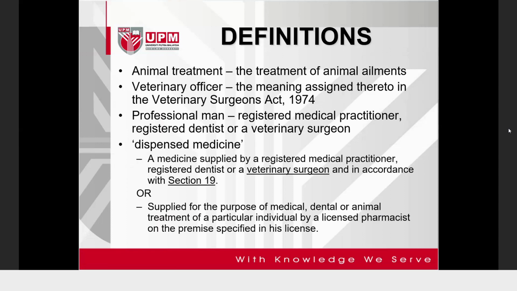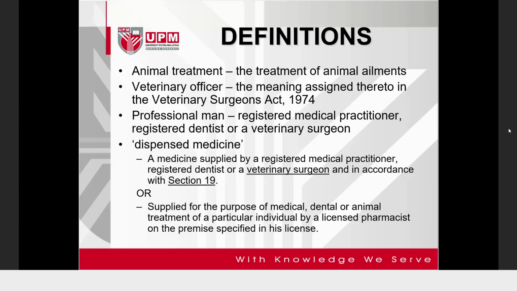Okay. So definitions, yeah. Animal treatment. So it's actually the treatment of animal ailments, yeah. According to the Veterinary Surgeons Act 1974, the veterinary officer is defined in the Act.